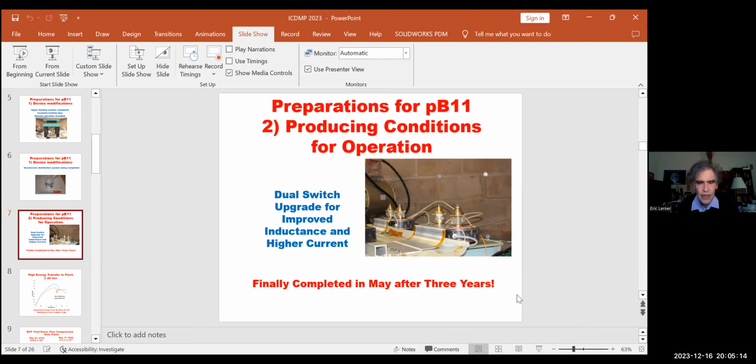So over the last 3 years, people are probably aware from my previous presentations, we've been upgrading to a dual switch per capacitor to increase the current and reduce the induction. And after 3 years of working on the switches, as well as getting other results, we completed this task in May, and the switches now are simultaneous to within 10 nanoseconds and are pulsing reliably.